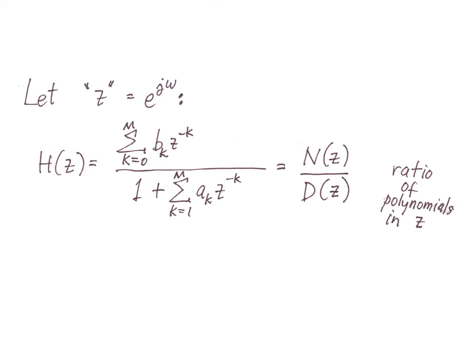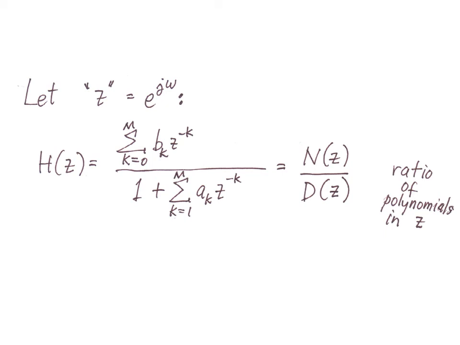Now, true, those z's are raised to negative powers, but we can say these are polynomials in terms of z to the minus 1. Or we can multiply numerator and denominator by z to some positive power so that all of those negative powers turn positive. In any case, you get a ratio of polynomials in z. Difference equations therefore lead to what is called a rational expression for the transfer function.